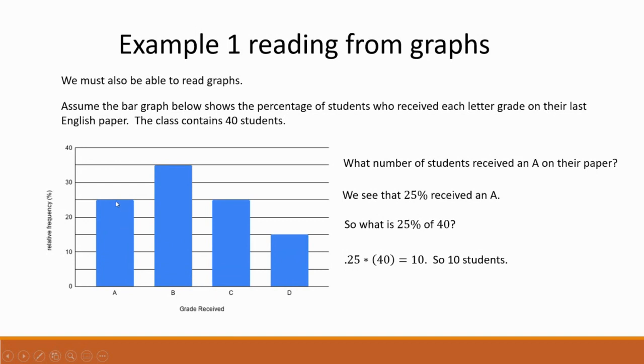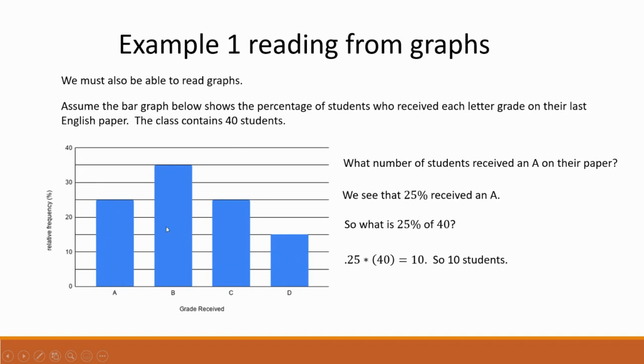And what it's saying here is 25%, this is halfway between 20 and 30, right? So let's say it's 25%. Sometimes you have to estimate a bit, but not always. So 25% got an A. About 35% got a B, and so on.